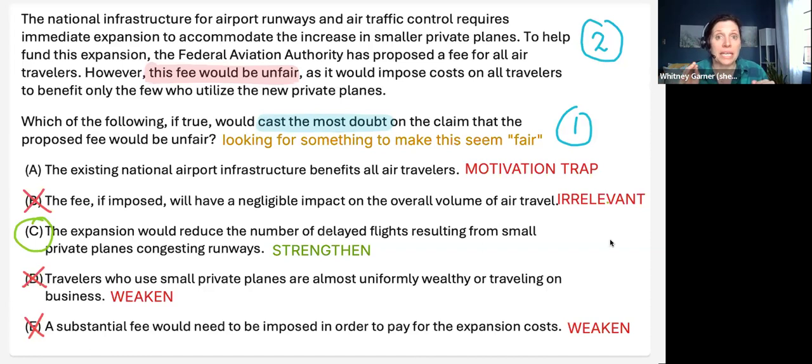What I care about is, is this fee fair or not? And A doesn't address the point of whether the fee is or is not fair. And so it is irrelevant. Really tricky, in fact.